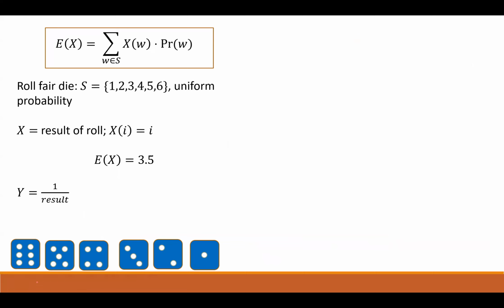All right, so let's take a look at another random variable y. I will define this random variable y as 1 over the result of my roll. If I roll a 1, that's equal to 1 over 1, or 1.